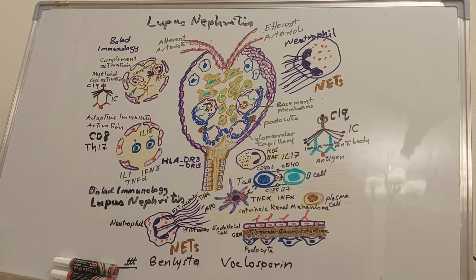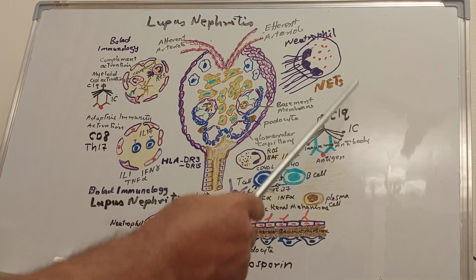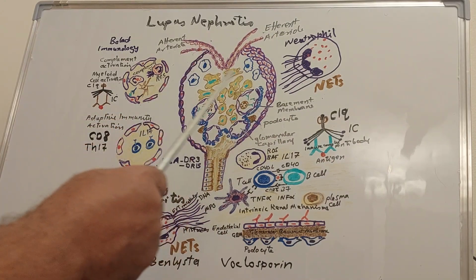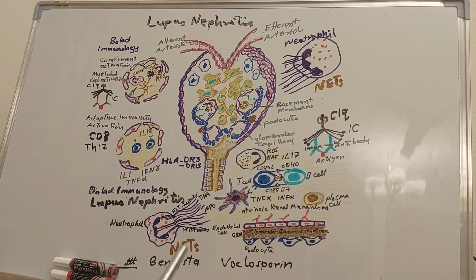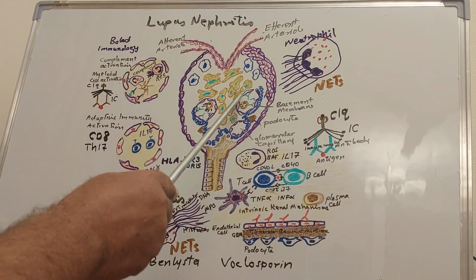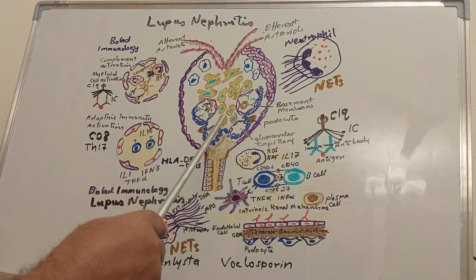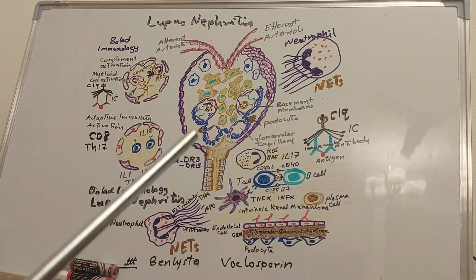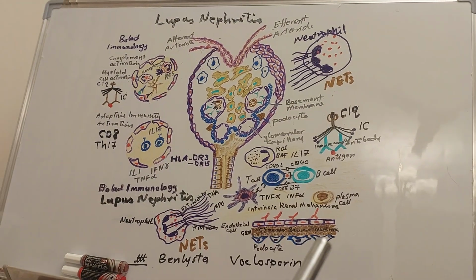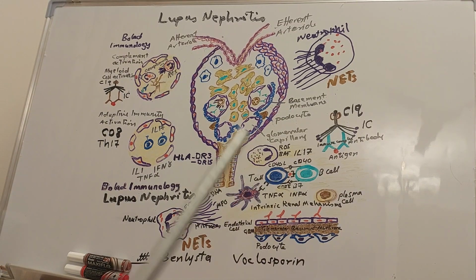The source of these immune complexes may be through the circulation. They arrive at the kidney and the glomerulus or glomeruli, but immune complexes can also be produced in situ, and they bind to the endothelial cells of the glomerular capillary, and this will lead to activation of the complement with subsequent accelerating cell damage.